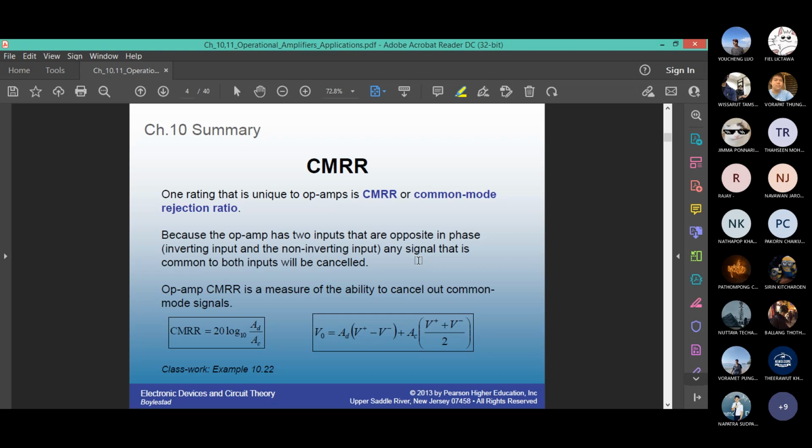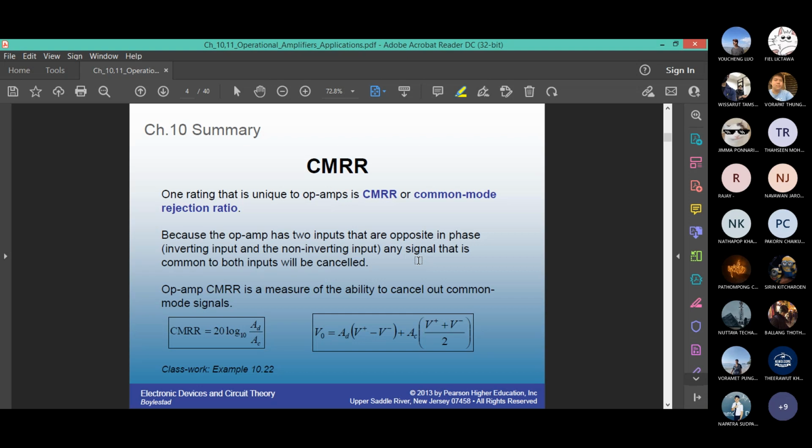And then if you multiply this ratio by 20 log 10, the unit has to be in decibels. What is again AD and AC? AD is the gain in differential mode. Let's say in differential mode you have input 1 volt and output 10 volts. Your differential gain is 10.